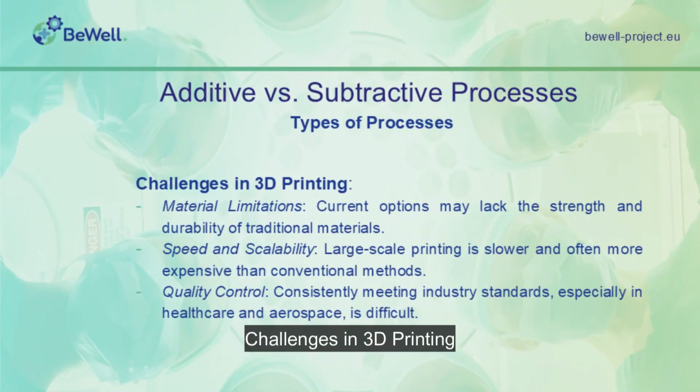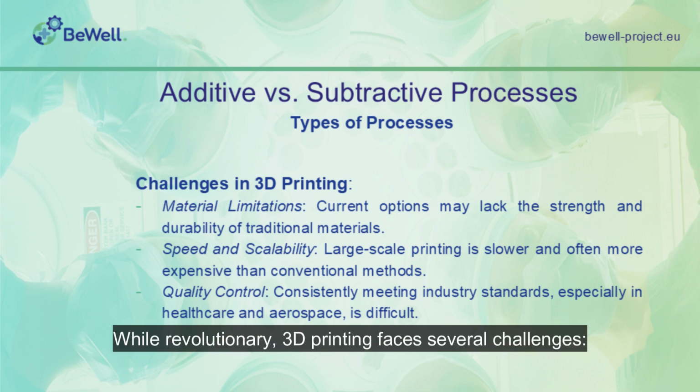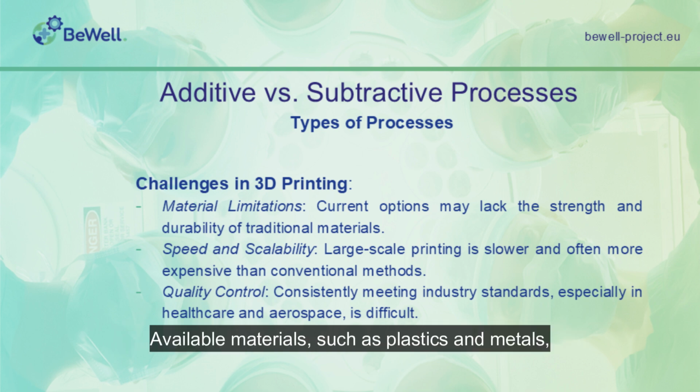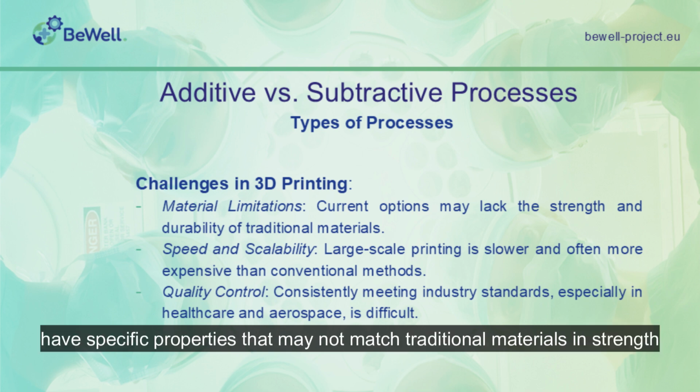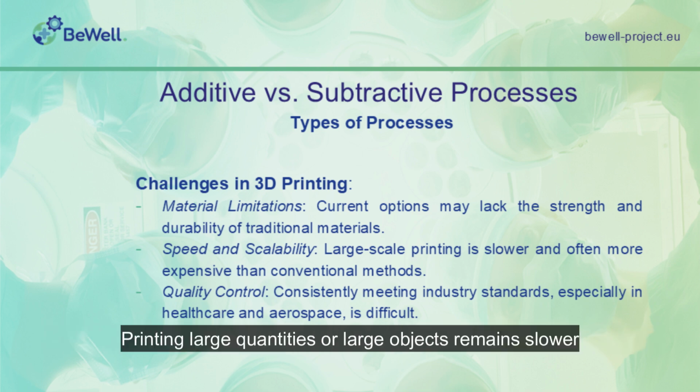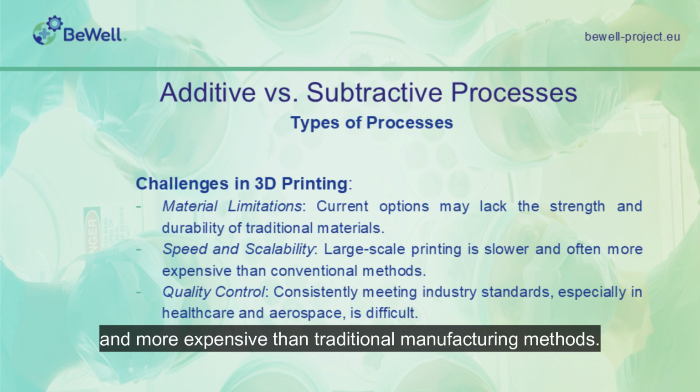Challenges in 3D printing. While revolutionary, 3D printing faces several challenges. Material limitations: available materials, such as plastics and metals, have specific properties that may not match traditional materials in strength or durability. Speed and scalability: printing large quantities or large objects remains slower and more expensive than traditional manufacturing methods.